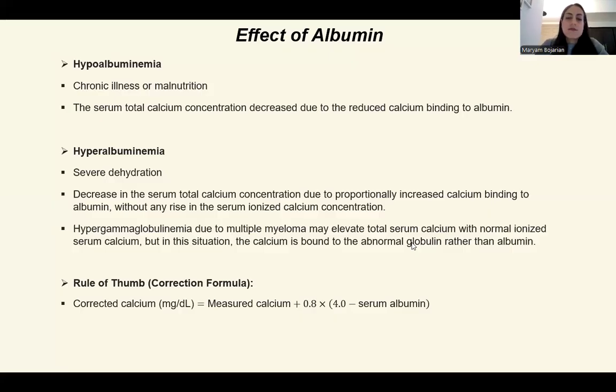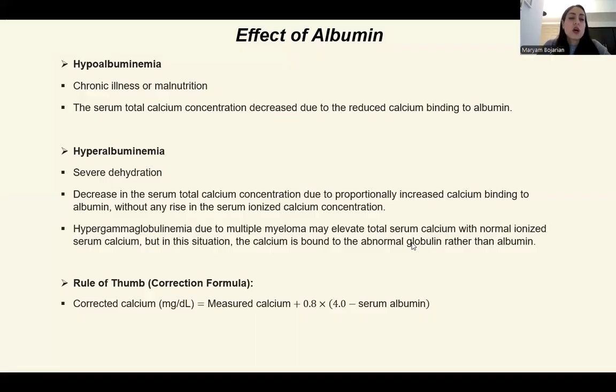And if we have too much albumin hanging around, for example in severe dehydration or diseases like multiple myeloma, there is an increase in the serum total calcium concentration, but without any rise in the serum ionized calcium concentration.